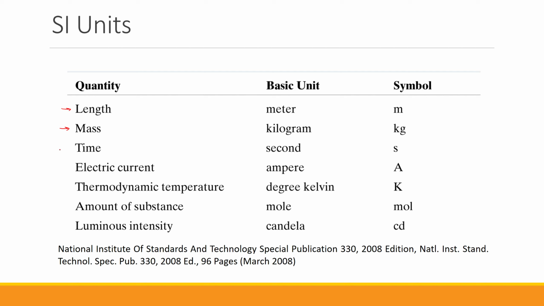We have time, which is measured in seconds with the symbol s. We have the electric current, which is measured in ampere with the symbol A. We have the thermodynamic temperature, which is measured in degree Kelvin with the symbol K. We have the amount of substance, which is measured in mole, and the symbol is mol.